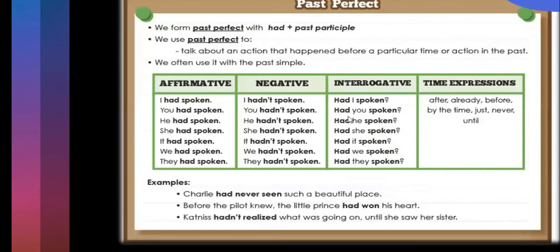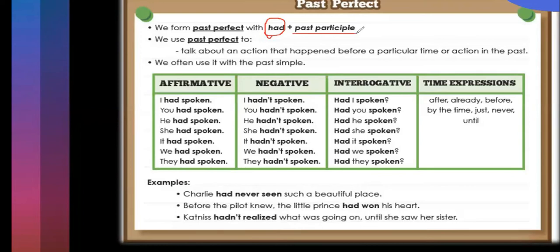Oh, this is just how we form the past perfect. And it's really simple because we have been practicing with present perfect. So how do we form it? We use had. This is actually really easy because we don't need to change if it's third person or not. So remember, you use had and the past participle of the verb, and that's all.